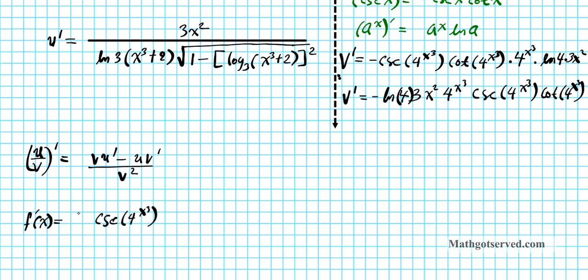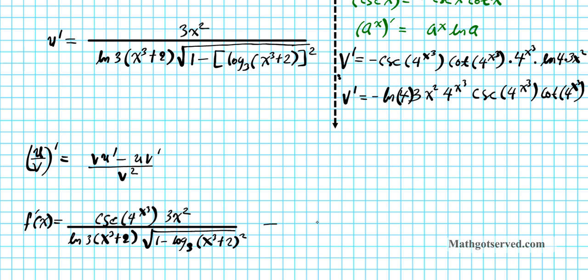So let's put 3x squared here. Doesn't really matter. 3x squared over this entire thing. So it's going to be over the natural logarithm of 3 times x to the third plus 2 times the square root of 1 minus log base 3 of x to the third plus 2 squared. Okay, so that's v u prime minus u v prime.